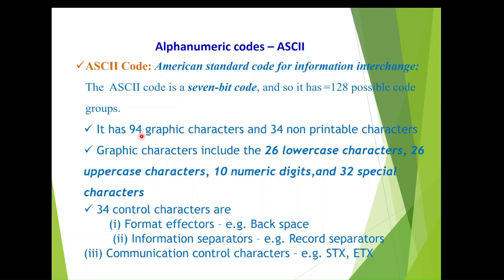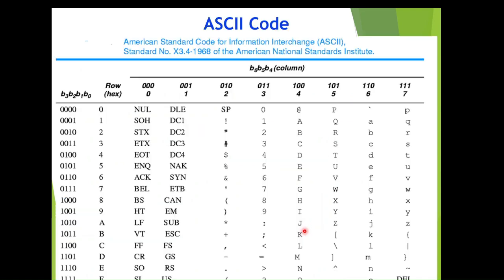In that, there are 94 graphic characters and 34 non-printable characters. The 94 graphic characters include 26 lowercase characters, 26 uppercase characters, 10 numeric digits, and 32 special characters. The non-printable control characters are backspace and record separators. And this is the summary of the ASCII code, the entire 128 codes.